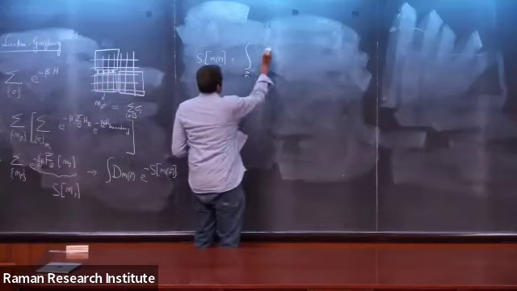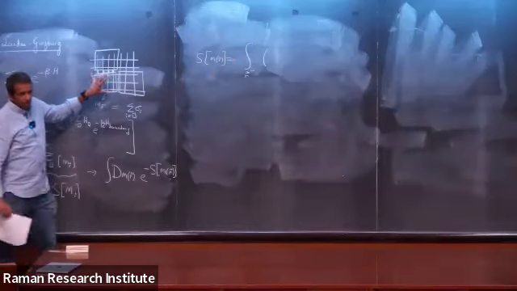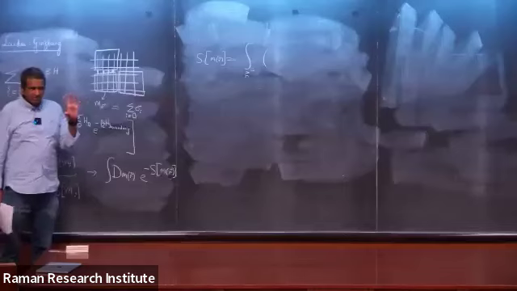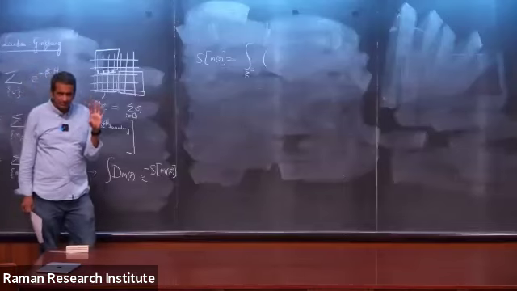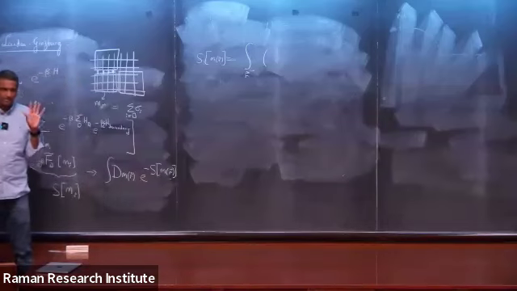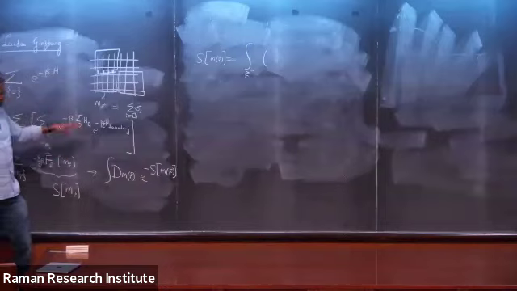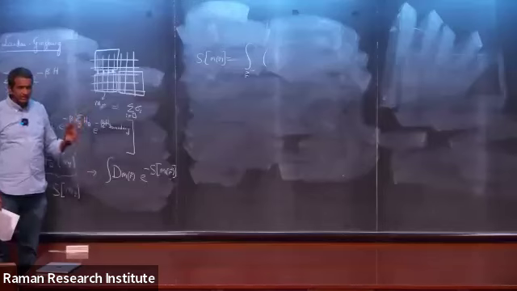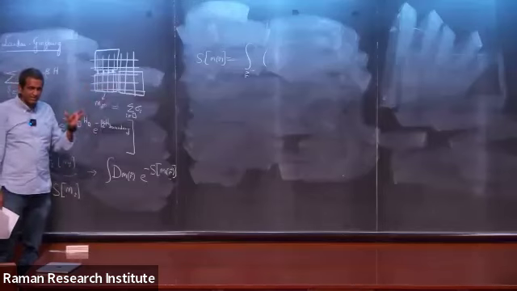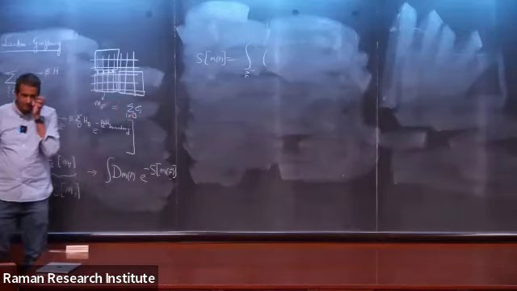So in each block, I'm calculating the partition function of some finite system. This is going to be some nice smooth function of parameters like the magnetization. Okay, it's going to be a nice analytic function of the magnetization. There's nothing singular or there are no phase transitions. If I take a small block, I'm not going to see any phase transitions.